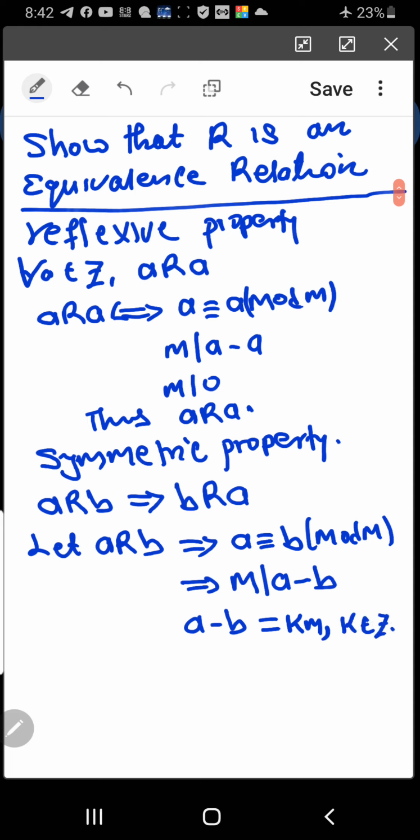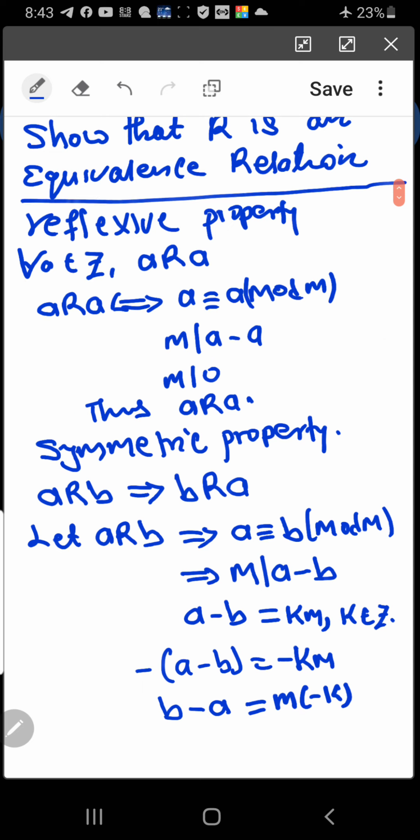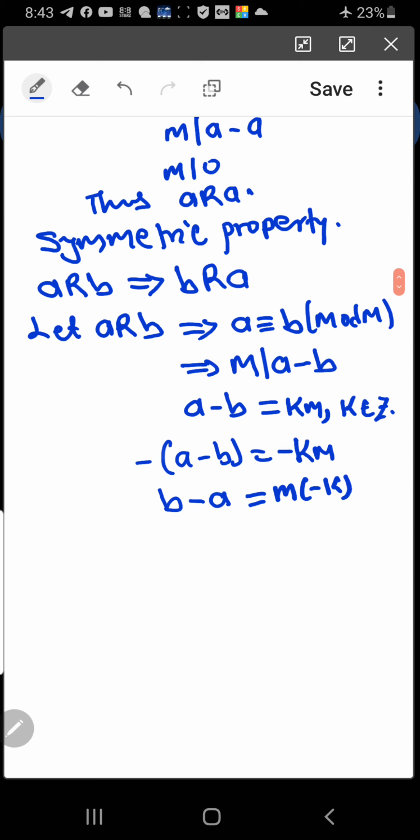Now, we can multiply both sides by -1 to have negative times A minus B is equal to negative KM. And this gives us B minus A is equal to M times negative K. Now remember that if K is an integer, negative K is also an integer.